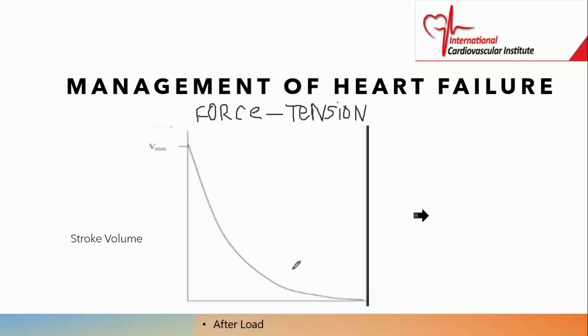we have the afterload. Again, remember the afterload is the resistance that the heart encounters when it pumps blood out. If there weren't any resistance, the blood would just be going nonstop and everything would be great. But things don't work like that.